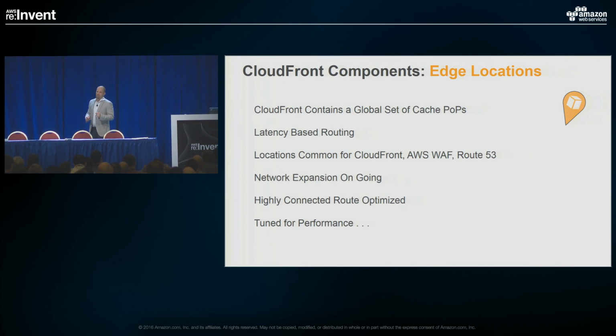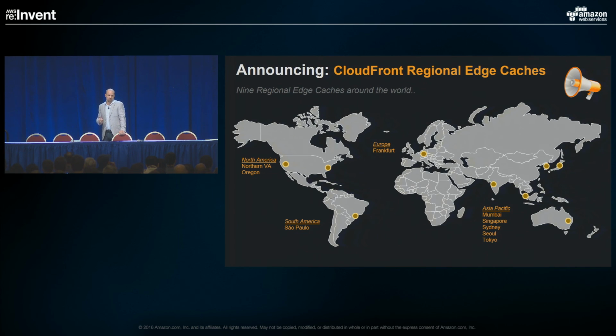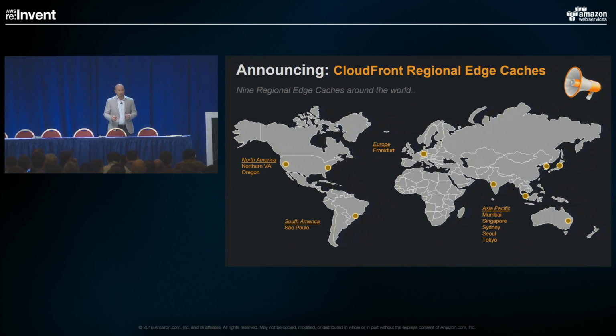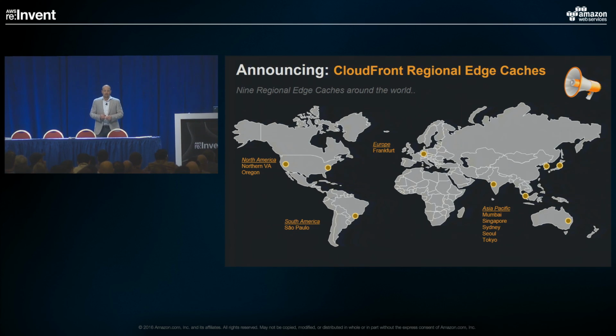So what's really cool in terms of performance is something that I'm honored to announce, and this is new, and this is available now this week, is CloudFront Regional Edge Caches. So what this is, is 9 regional caches that we've deployed around the world. And essentially what it is, it's a caching tier between the CloudFront edge location and your origin. So now there's an additional tier that's available. And this does a number of different things.